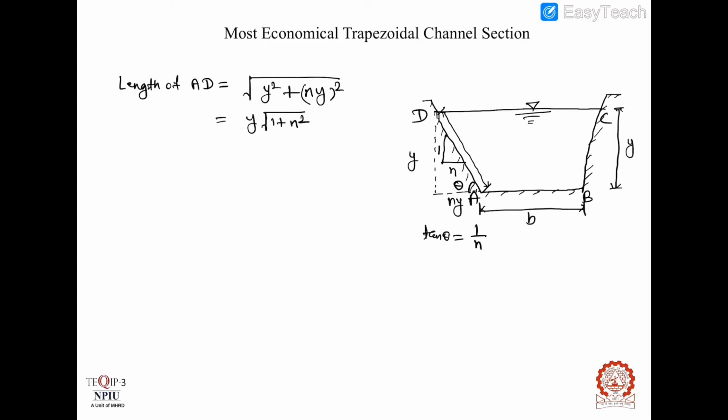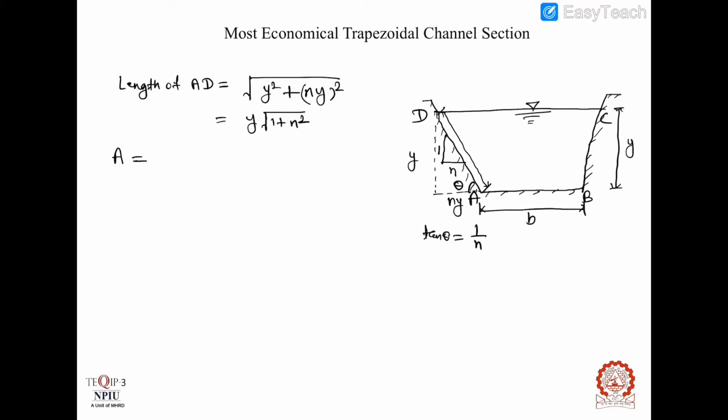What will be the area of flow? This is a trapezoidal channel section, and the area of a trapezoid is the summation of parallel sides multiplied by half of the distance between those parallel sides. Okay, so in this case AB plus DC divided by 2 multiplied by y.